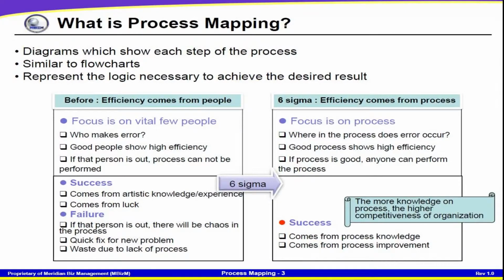For the define phase earlier, we used SIPOC, where the process is at a very high level. Here the same process is broken down into every single minute step. Six Sigma is a process improvement effort, so we have to identify any value added, non-value added, and value enabling steps in the process that was drawn out.